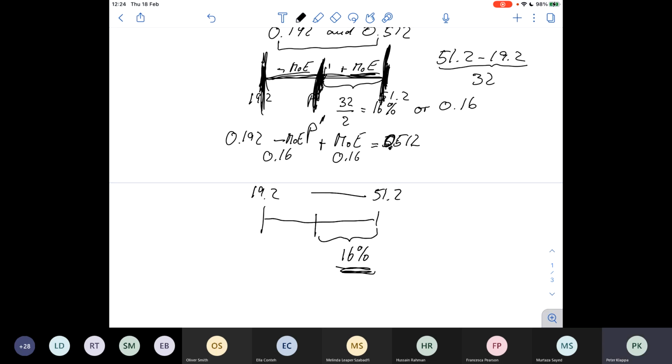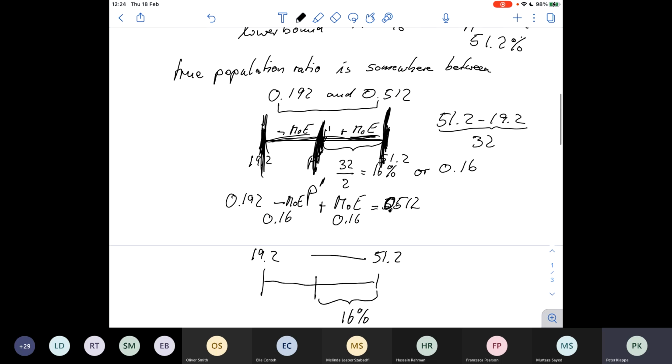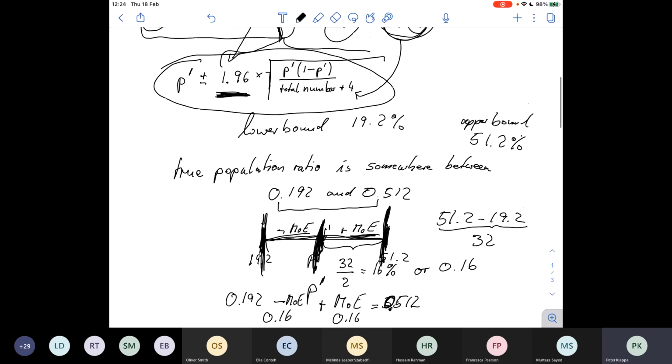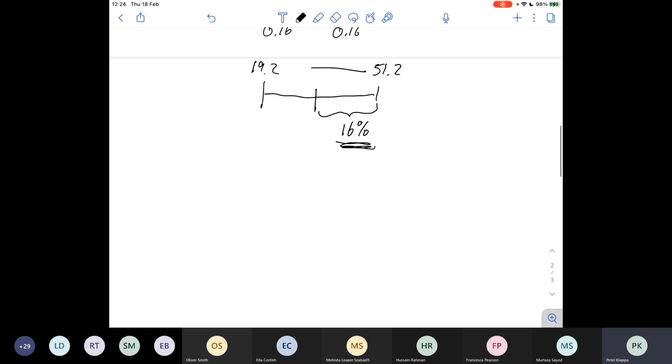If I don't specify, I would go the easy way. I would use the online calculator because life is difficult enough. There is a decent chance that you make a mistake in the calculation here. So why not use the online calculator?